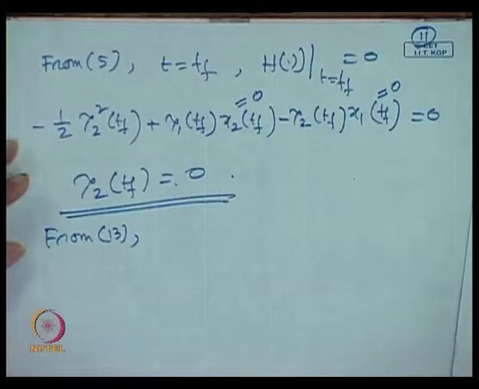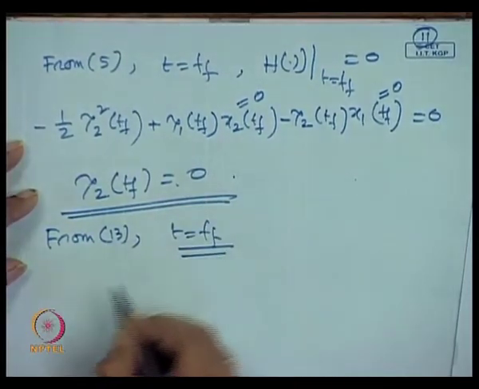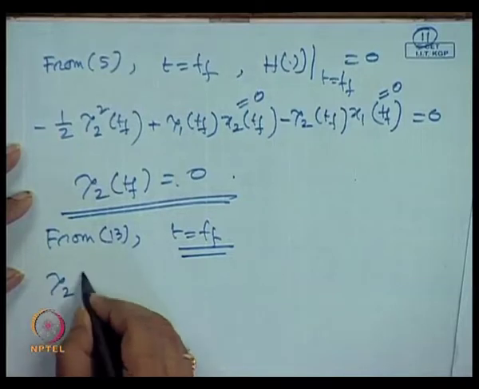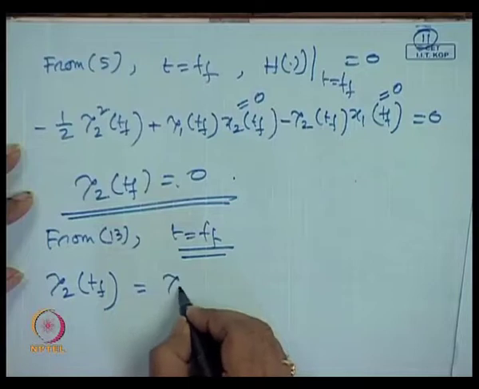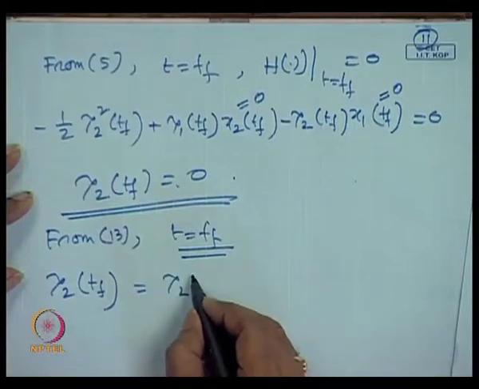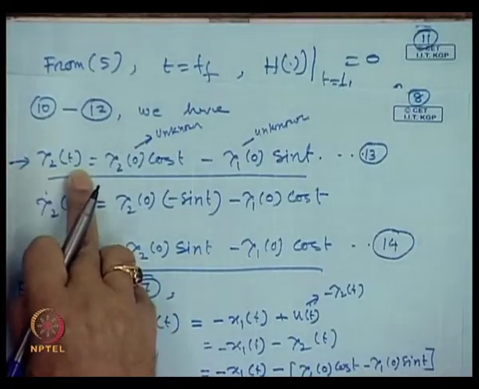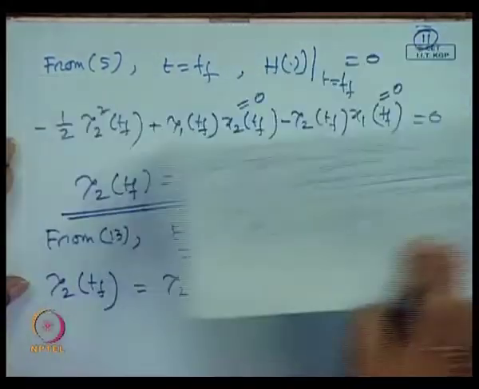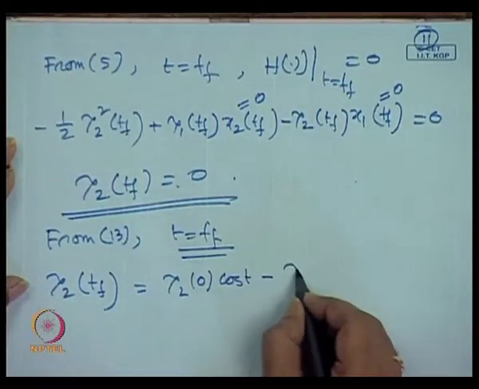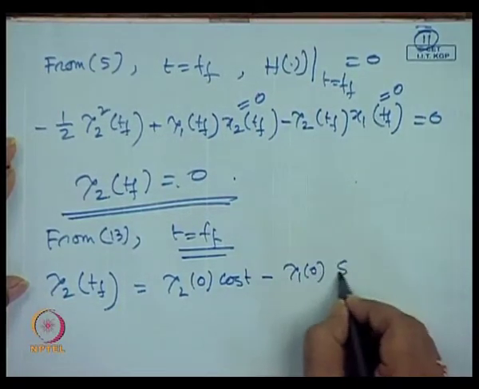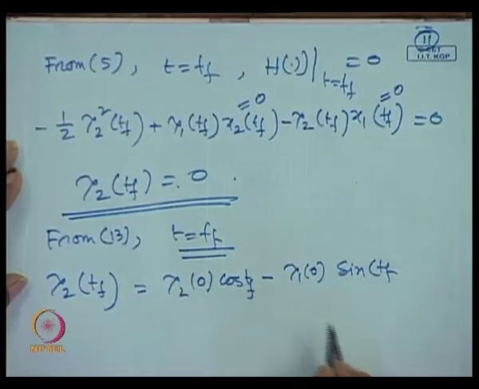From equation 13, at t equal to T_f, λ2(T_f) is equal to λ2(0) cos T_f minus λ1(0) sin T_f, at t equal to T_f.